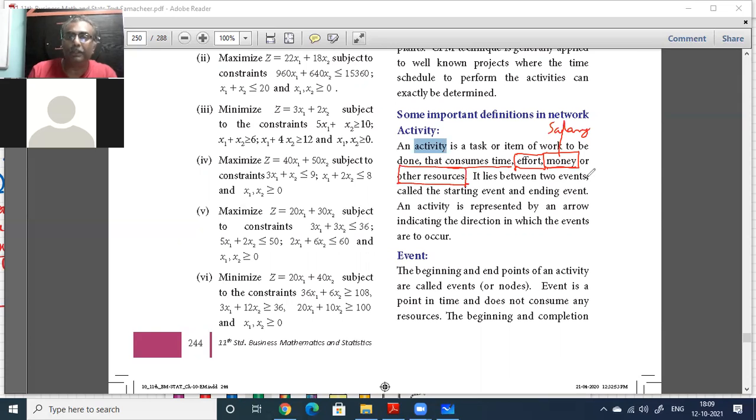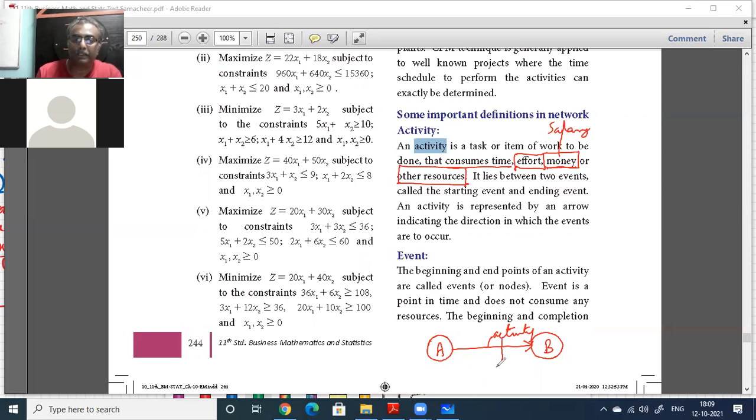It lies between two events called the starting event and the ending event. An activity is represented by an arrow indicating the direction in which the events are to occur. So an event is like that, then you put one direction and then another event. This is the activity, and these are the two nodes between the activity.